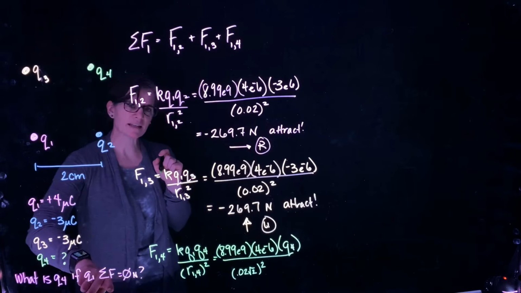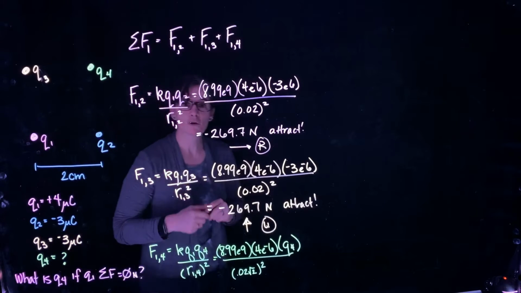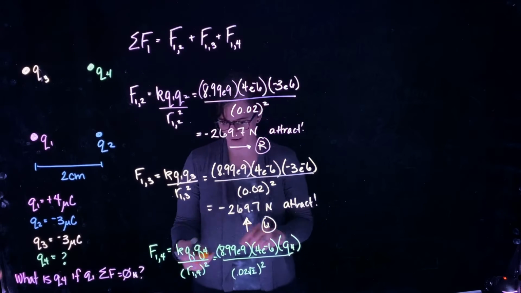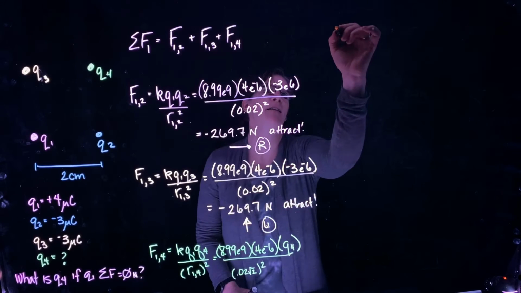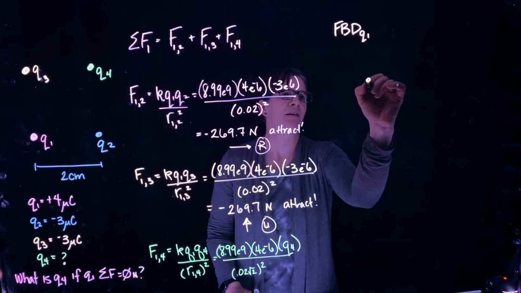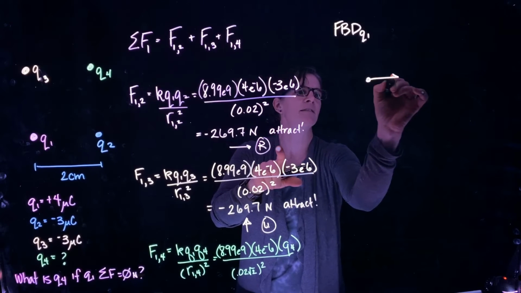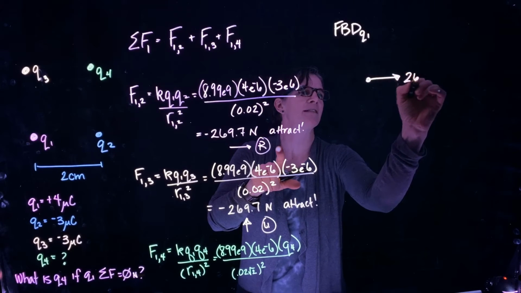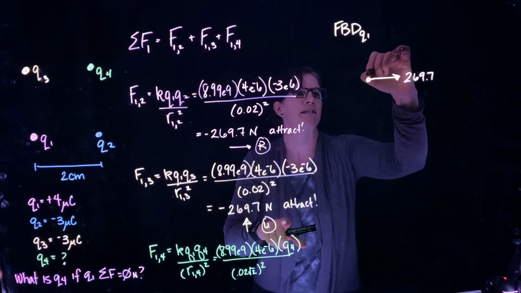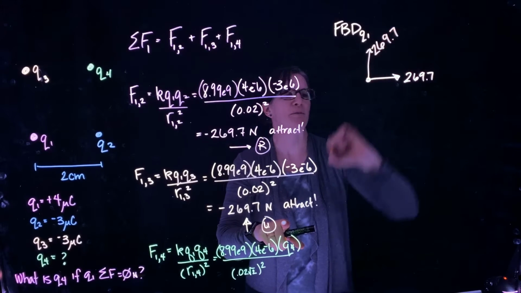Well, I want to recognize this sum equal to 0. We can do a force analysis on these objects to determine what that force 4 might look like. So let's draw a free body diagram of Q1. There's my Q1. I know I have a force to the right of 269.7 newtons. I also know I have a force acting upward of 269.7 newtons.